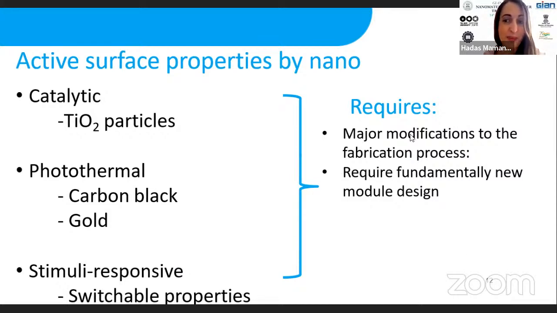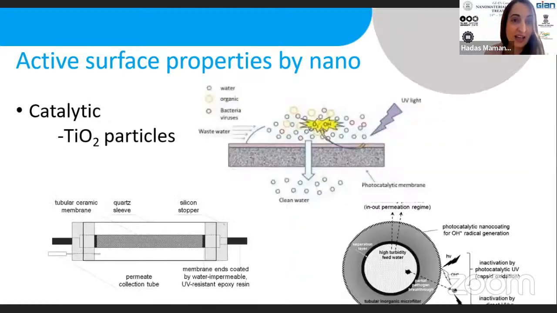This requires major modifications to the fabrication process and fundamentally new model design. So compared to the passive membrane modifications, the active ones require major modifications to the membrane. We cannot just take a purchased membrane and modify it.